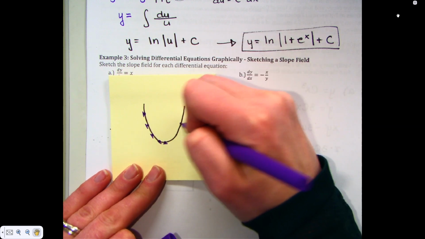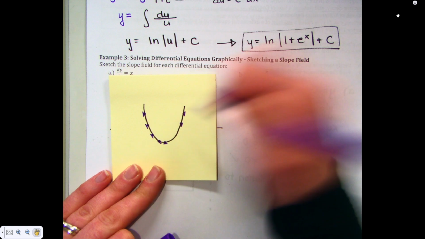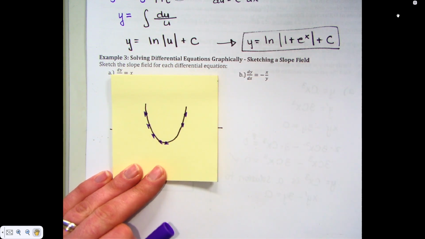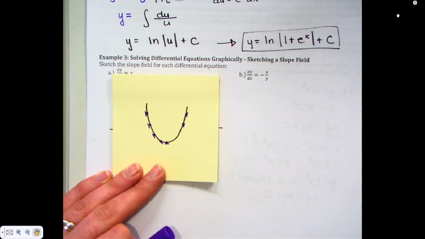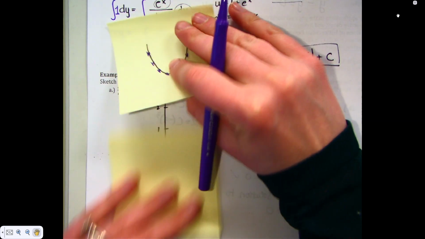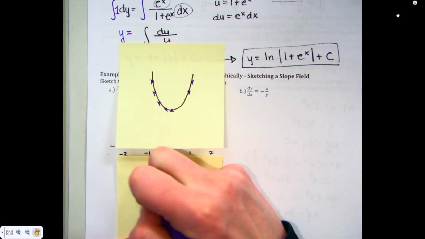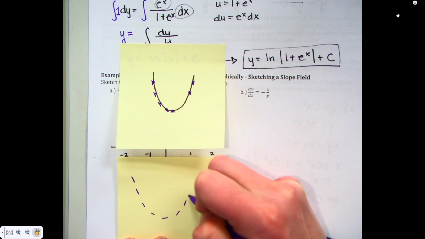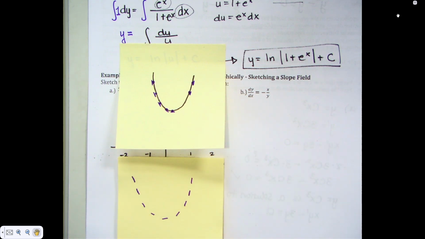And we used these little markings to get an idea of what the derivatives would look like relative to the curve. A slope field is the reverse of this. So imagine that I took just those little markings and I said, hey, what curve would give me marks that look like this? That is what a slope field is.